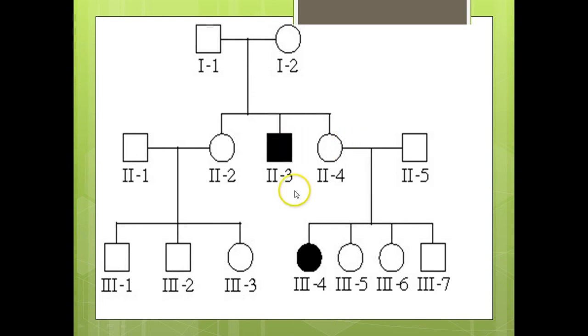Start with the recessive individuals. We know that if this is a recessive trait, they have to have 2 lowercase alleles. That means they must have gotten one of each of these little a's from their parents. So their parents both have to have at least one lowercase a.